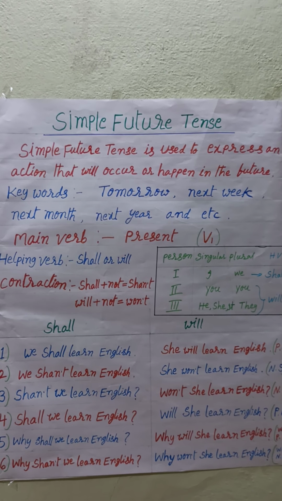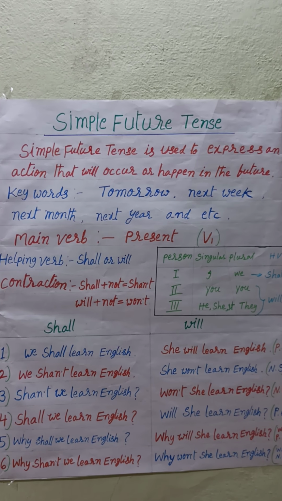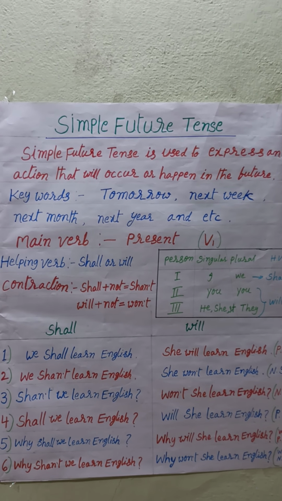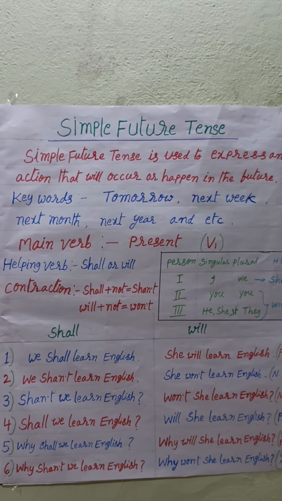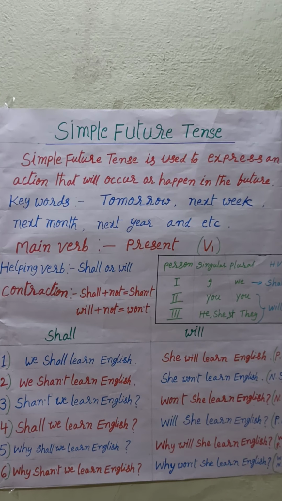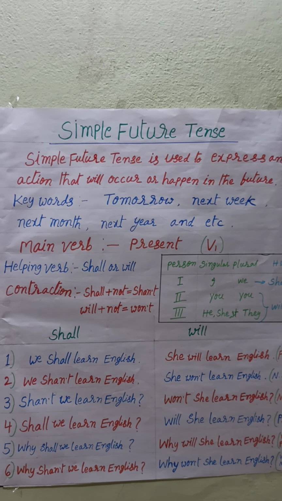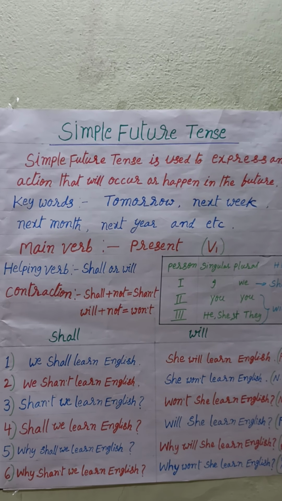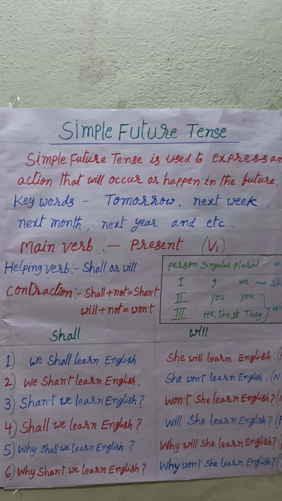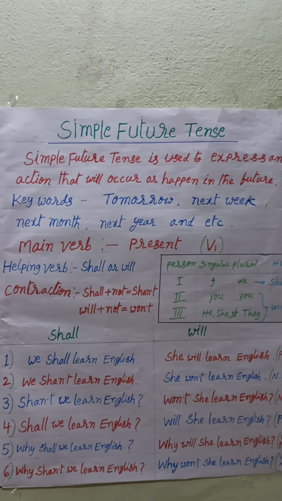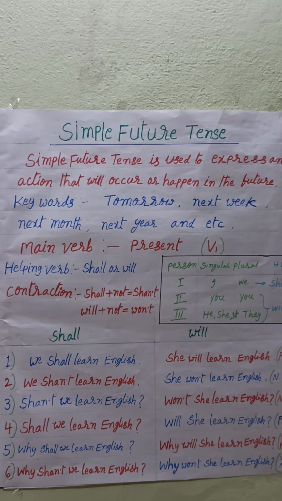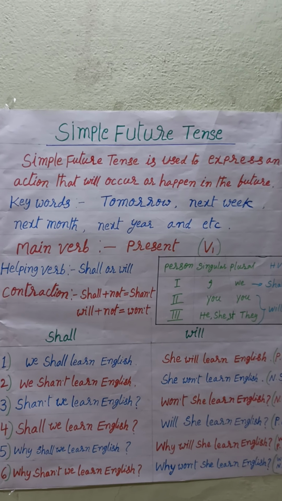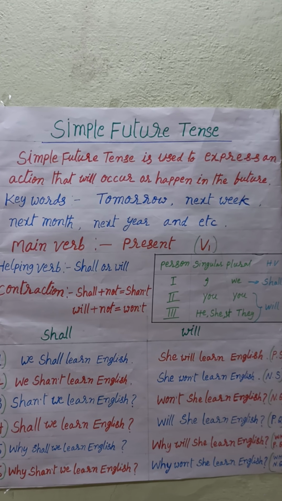If we write shall not, also correct, but short form is shan't. We shan't learn English. Here we add only not extra. We shan't learn English, it is negative sentence.